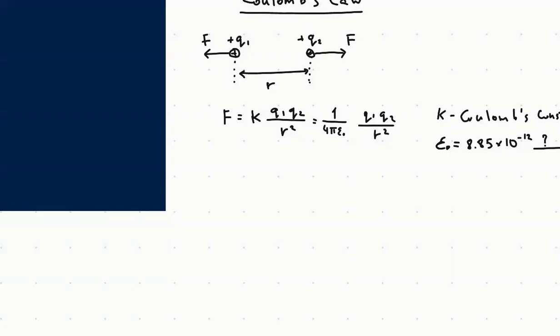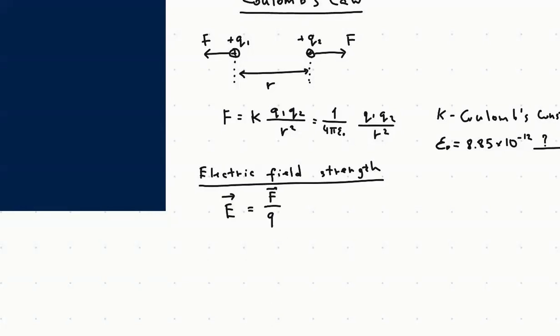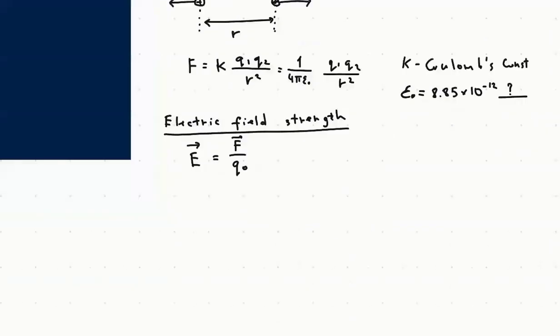Now, we have to define a quantity called the electric field strength. The electric field strength, by definition, E, is a vector quantity, is the force experienced by a unit charge placed into the field. So how does that work? Suppose we have a field.